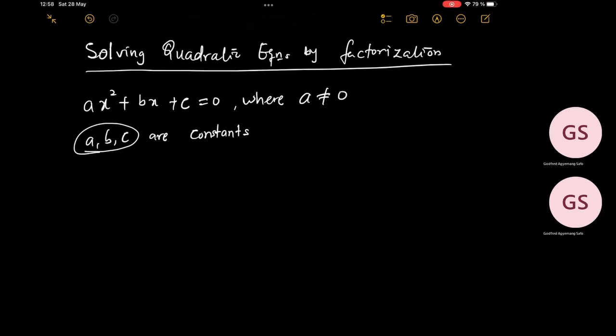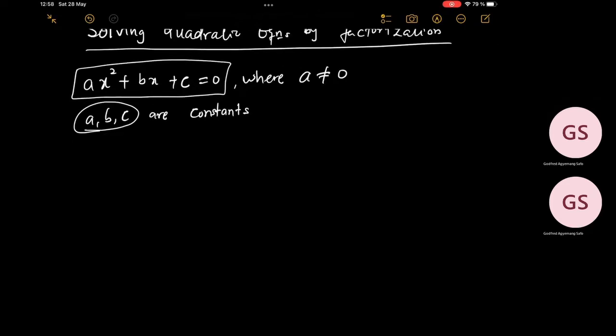Now we are going to see how we solve this equation by factorization. We start with the procedure. To solve ax squared plus bx plus c, the first thing is to find the product of a and c, that is ac.